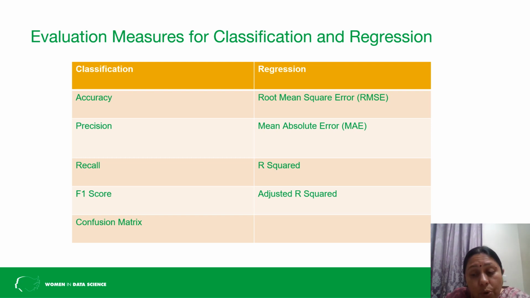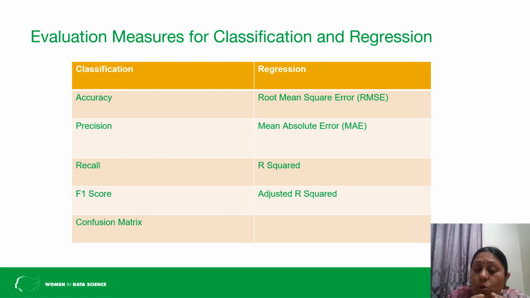The split ratio can vary. The ideal is 70-30, 70% of the data for your training and 30% for your testing. It can change: 80-20, 90-10, 60-40. So modelers try different combinations to come up with the best model.